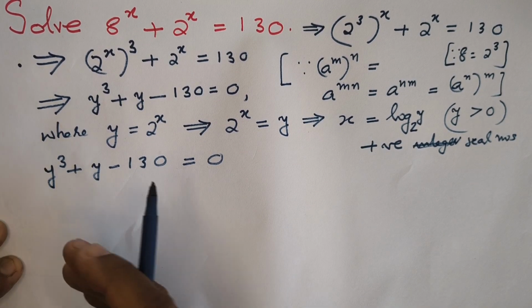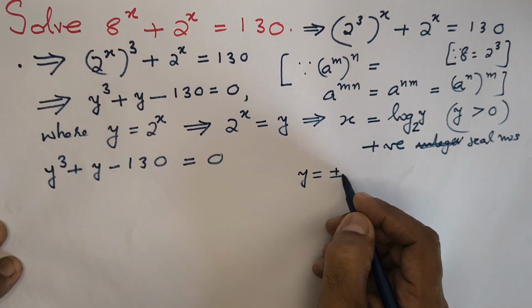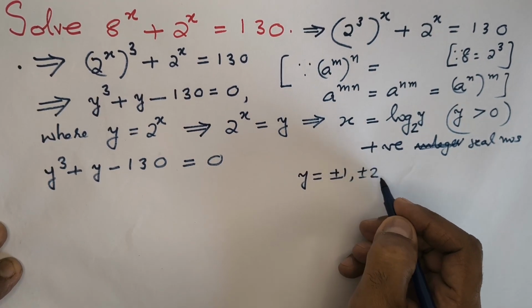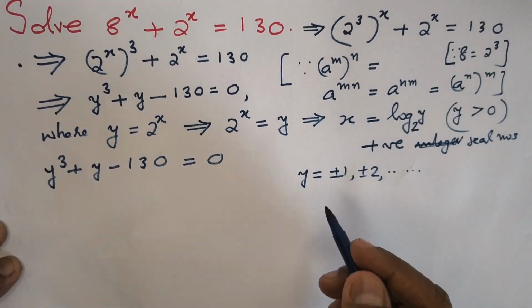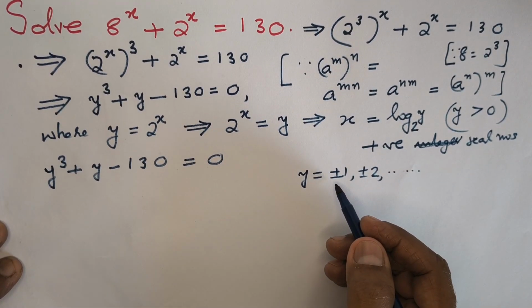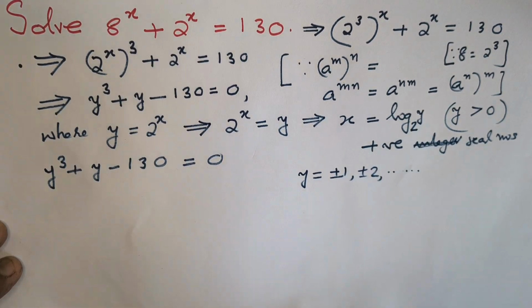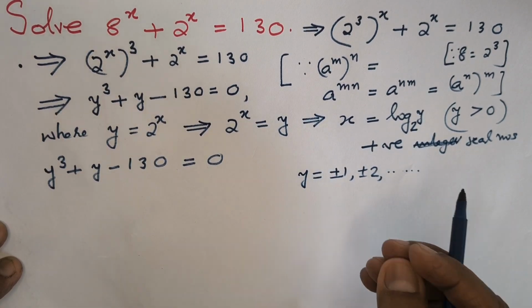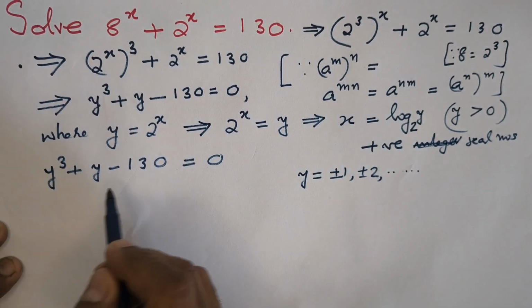All you need to do is plug in integers like plus or minus 1, plus or minus 2. You try a couple of these integers. In this case, you don't need to waste time trying out negative integers because y cannot be negative. So all you need to do is find out whether there is any positive integer satisfying this equation.